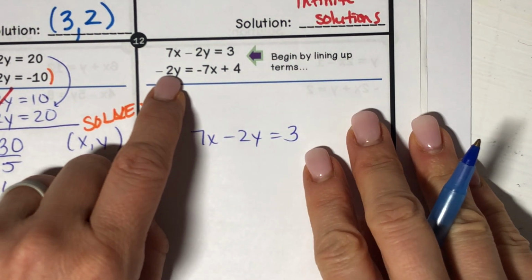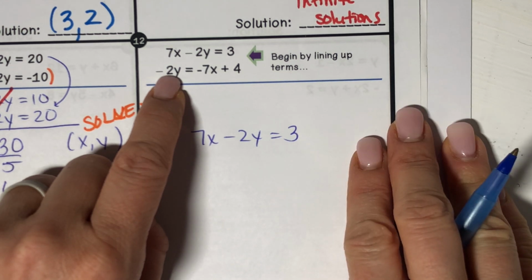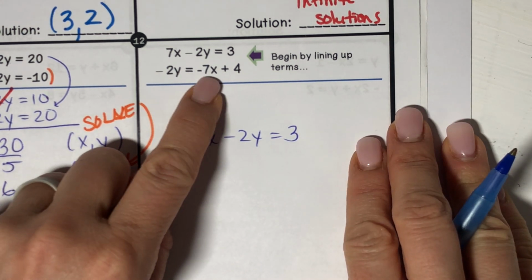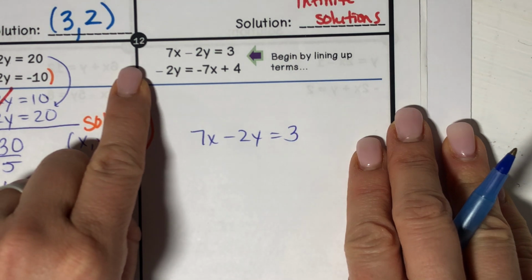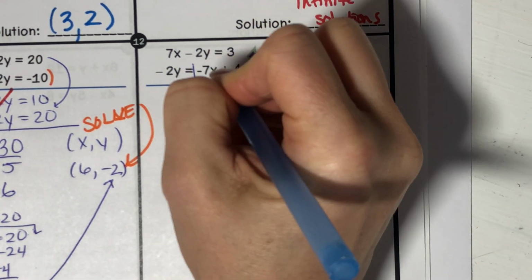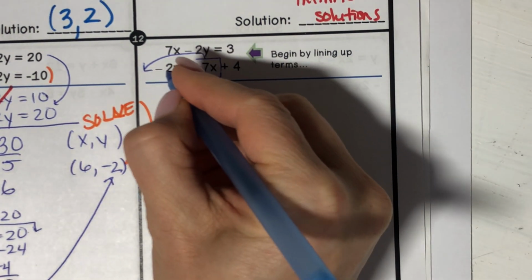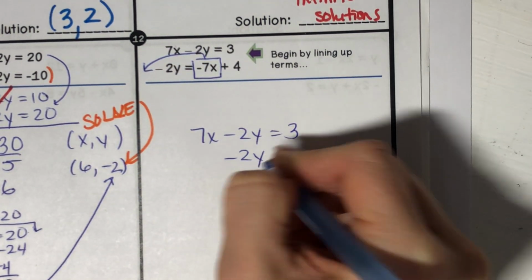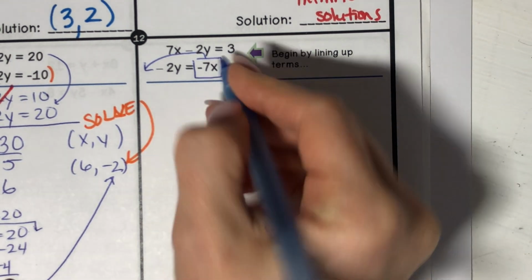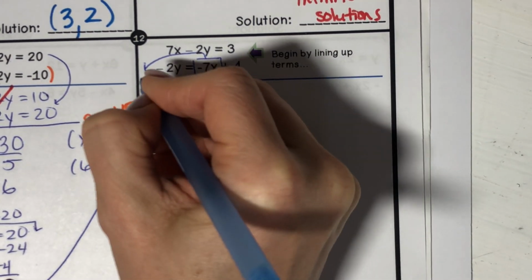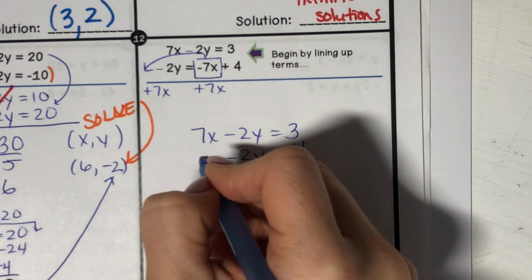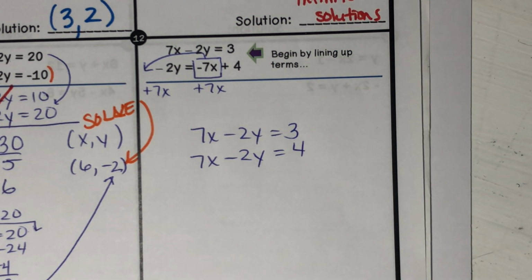Now, this y term could stay where it's at on the left, but if this x term were to get over here, we'd be good, right? So I just need to get this whole x term in front. So let's take this -2y and put it here. The 4 is okay, but I have to add 7x to both sides. And now that I got it here, I have that.